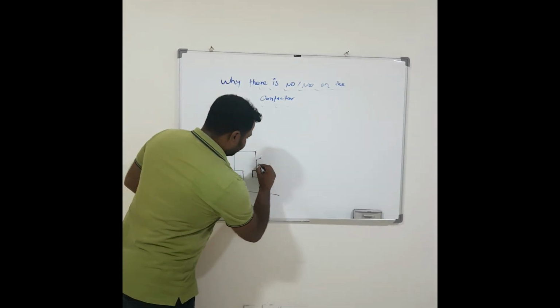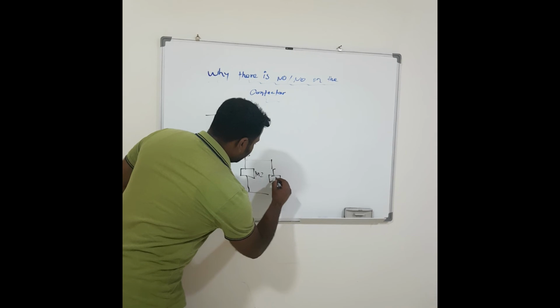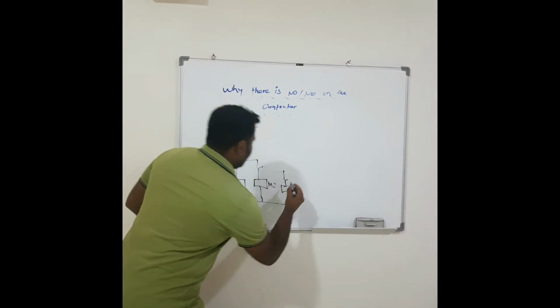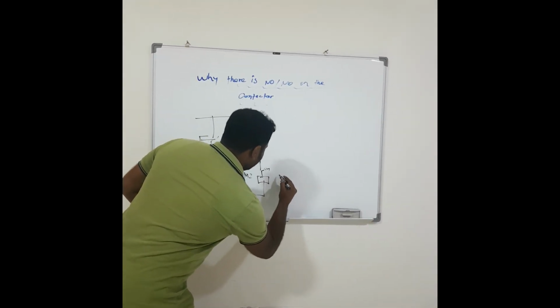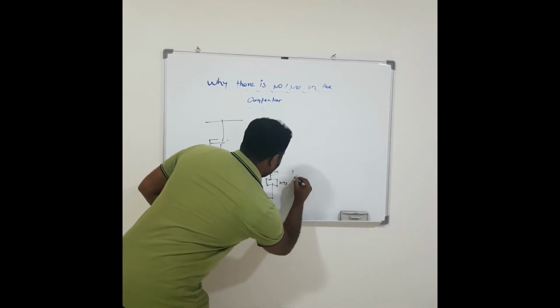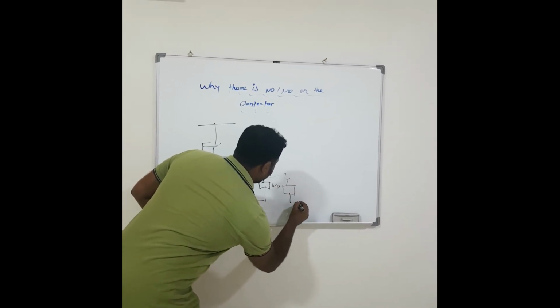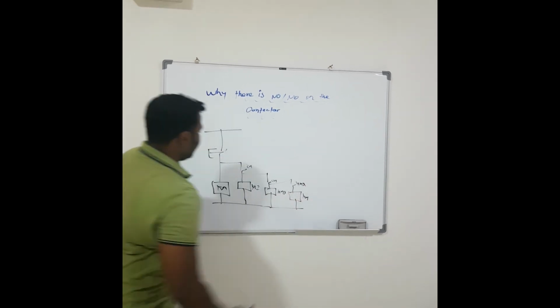After this, you can give another contactor coil supply, okay, KM2. This is KM1. After this, you can give another load coil supply with this NO, okay.